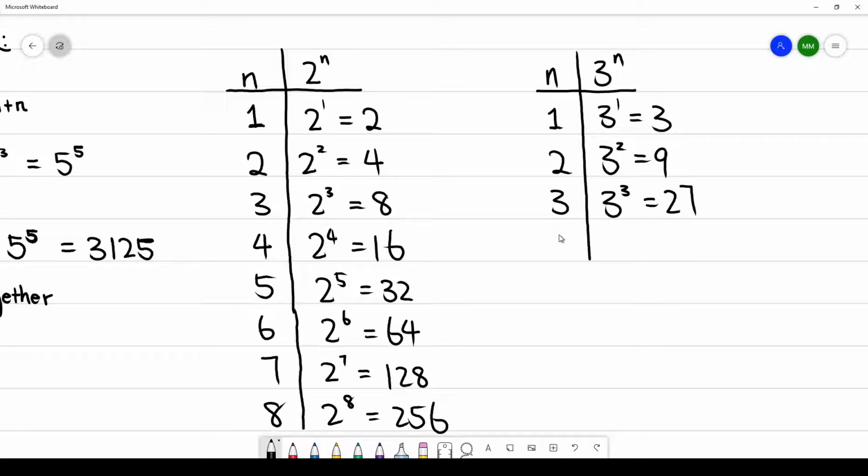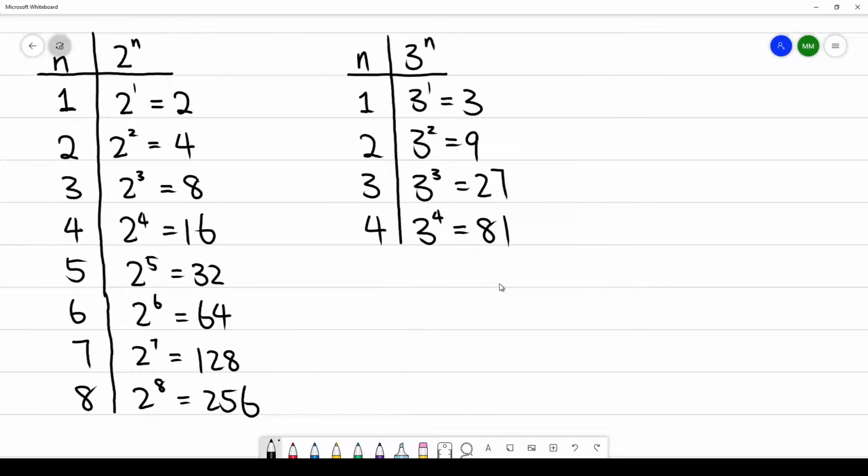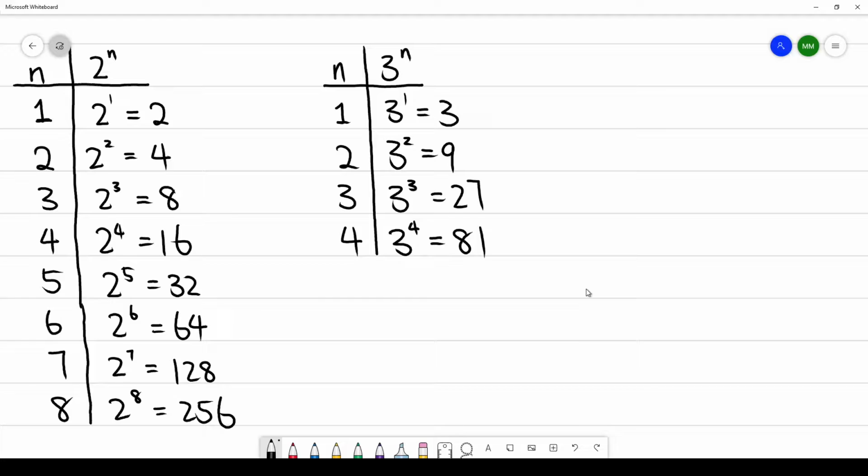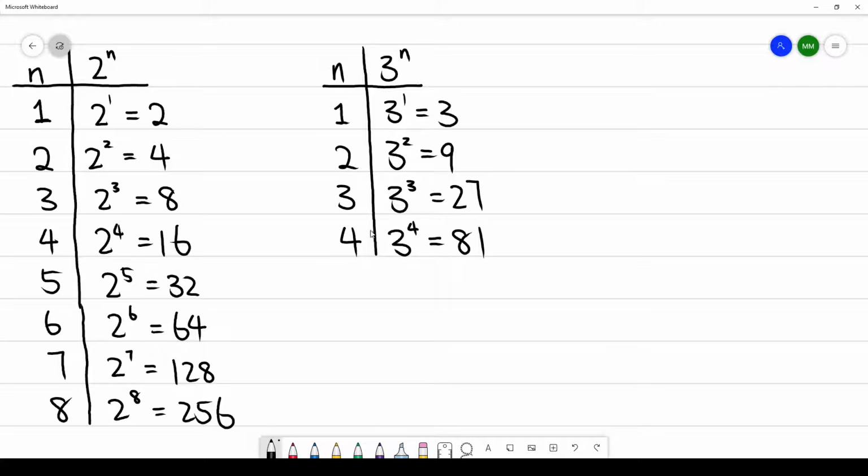Check that if you want. And 3 to the 4 is 81. And that's usually as far as we go. When you get a 3 to the 5 as an answer, I'll be fine with you just giving that answer to me and every other teacher as well. But for anything equal to or less than 4, I think it will be good to actually calculate it.